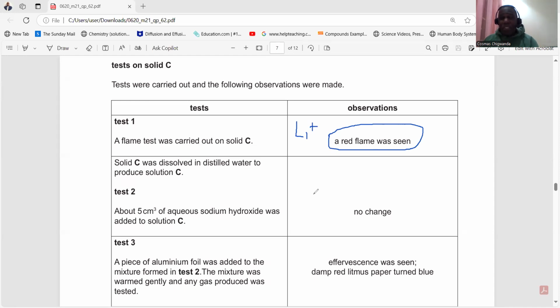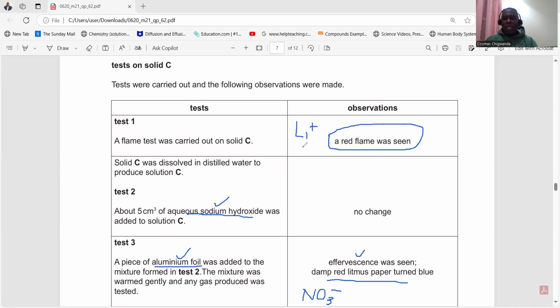You can be doing this on your paper as you're going down. And now you have sodium hydroxide followed by aluminum foil. So test 1, test 2, test 3, one after the other, are telling you that at the end of the day, what you have here is a nitrate ion.